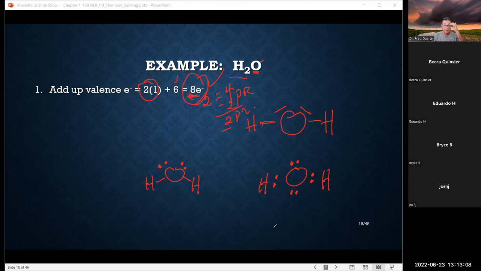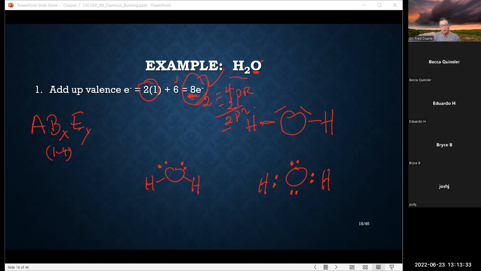Okay, and so now at this point, this is where the shape table comes in. Now we make a general formula denoted by A, B, X, and then E, I'm going to call that Y this time. X can be a number from 1 to 4.